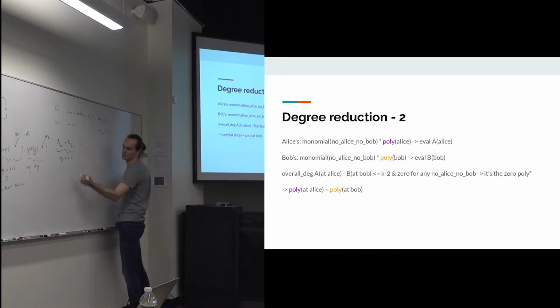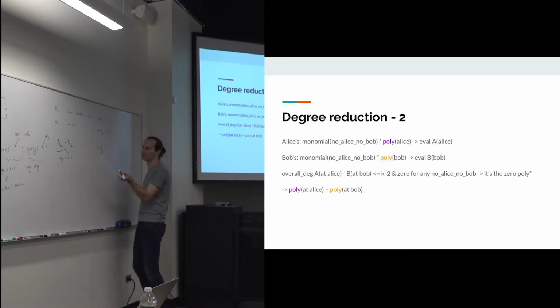So poly A, and this is evaluated at Alice's, must be equal to poly B, and these are both evaluated.